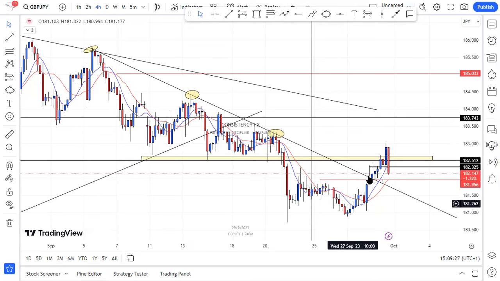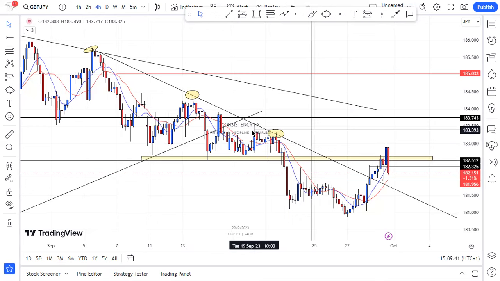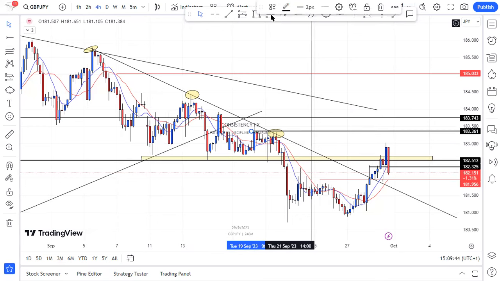Now, in this case, price tested the trend line several times, but actually failed to hold and then it broke above the trend line. But note that price breaking above this trend line, it didn't break above the structure point. This is the structure point, which we can call a lower high point.